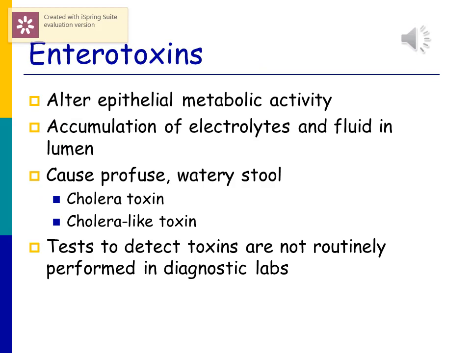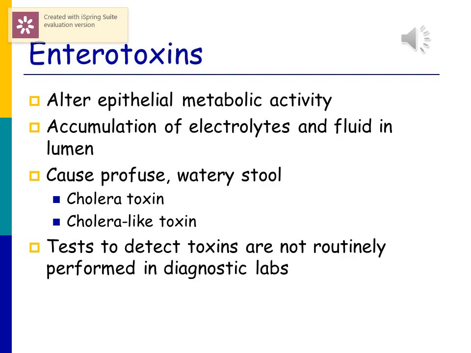So enterotoxins will alter the epithelial metabolic activity. What enterotoxins usually do is they cause an accumulation of electrolytes and fluid in the lumen, and this is going to cause a very profuse watery stool, which is categorized as diarrhea. Some enterotoxins are cholera toxin, which is produced by the organism Vibrio cholerae, and there are also organisms that will produce a cholera-like toxin.